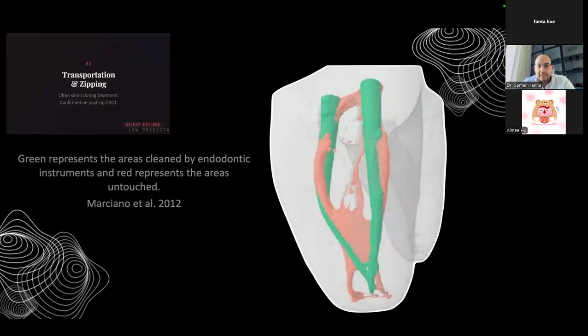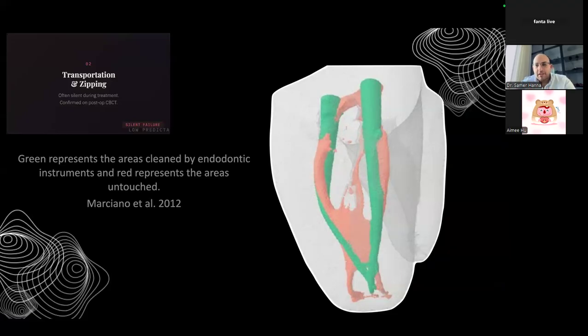In this micro-CT study by Marciano et al. in 2012, imagine that the red color is the original state of the canal before the preparation, and the green is the areas cleaned by the endodontic instrument.